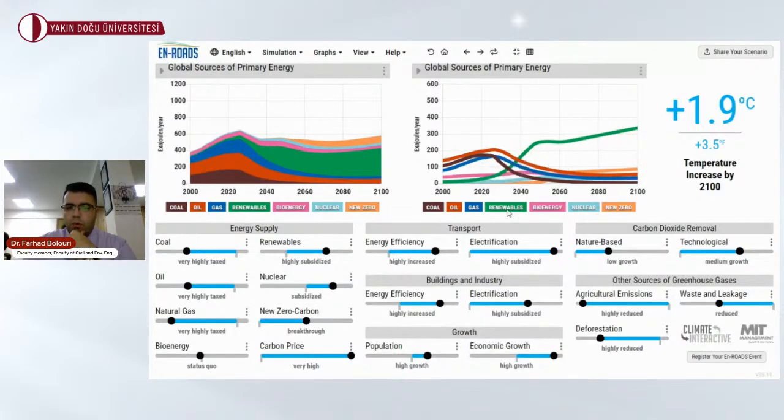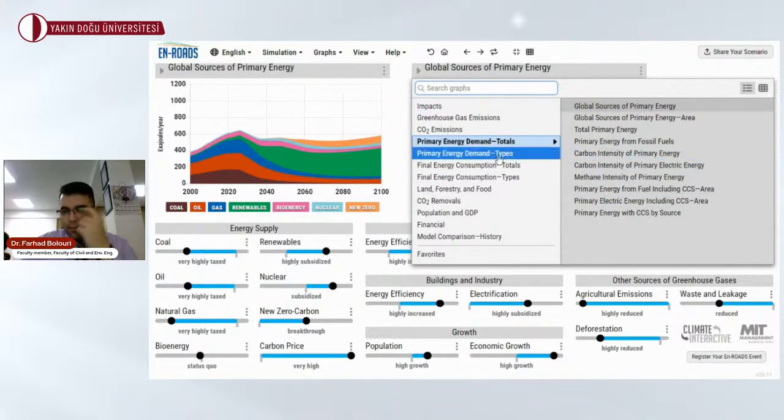Also, the important point here is renewable energy. When we have money, we can pay and we can invest in renewable energy, which is related to our thesis today. So we can have digitalization and the other things in renewable energy.